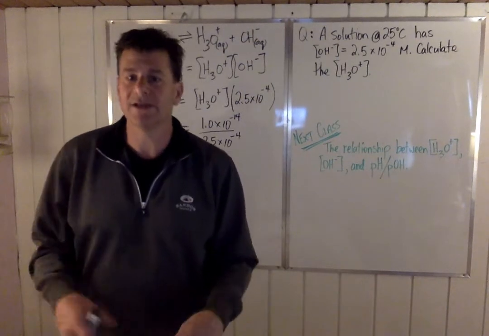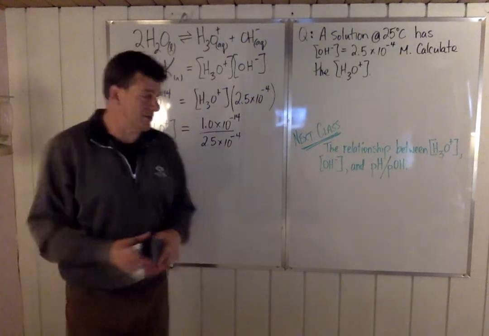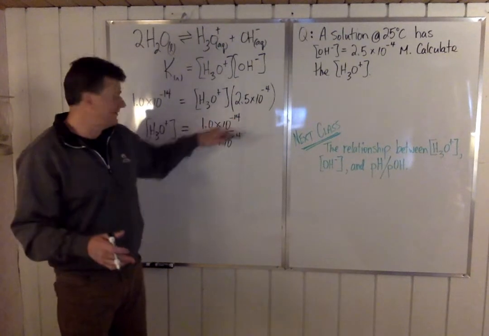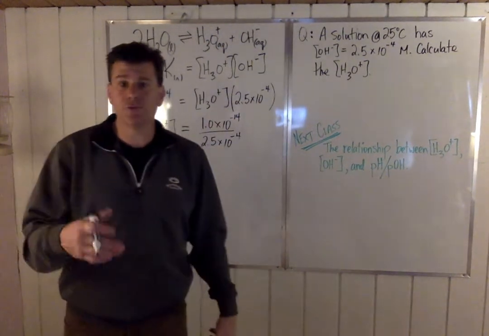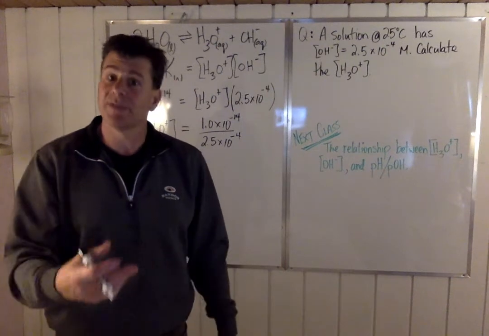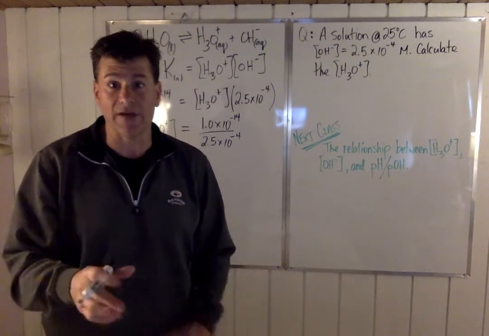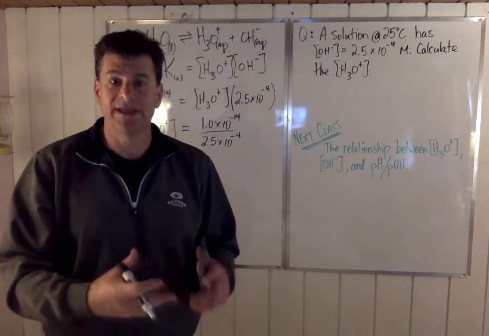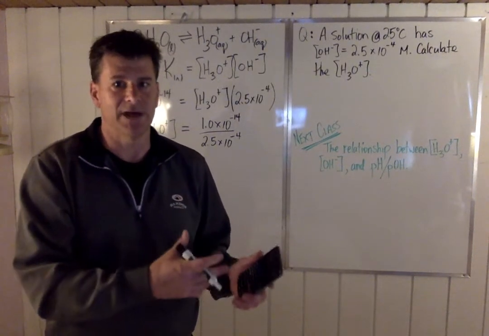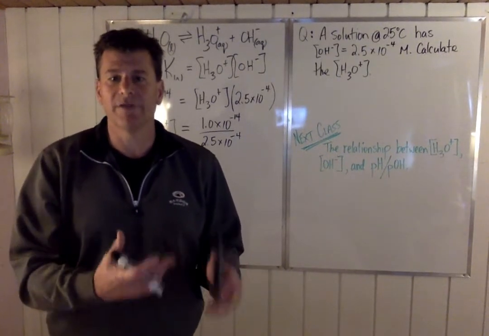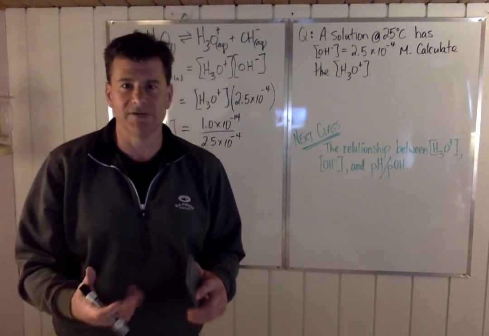Well, what your calculator will do, because you told it to, is take 1 times 10 to the negative 14, that's fine, divided by 2.5. But as soon as you hit the times button again, it does that math. It gives you an answer, takes your answer and then multiplies it by 10 to the negative 4 because that's the last thing you told it to do. So you have to be very, very careful when you're using your scientific calculator.